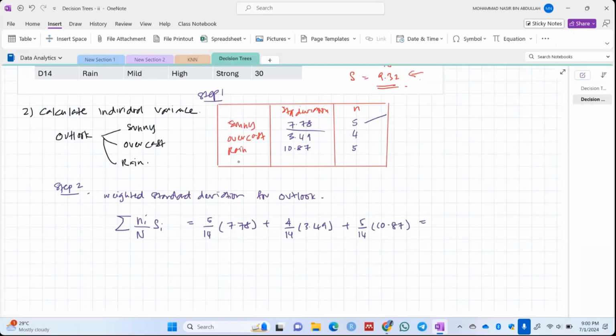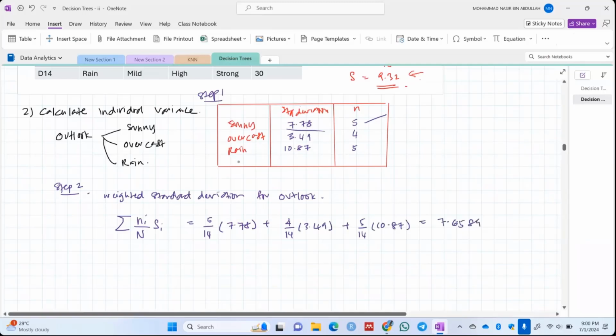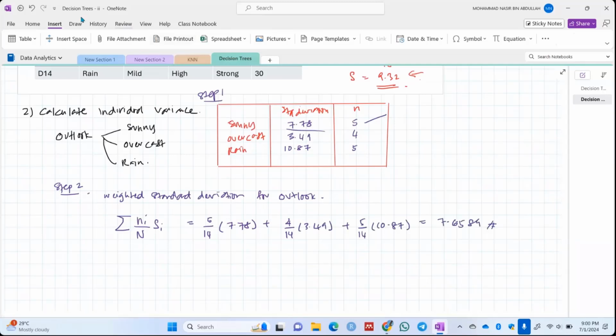So this one should be equal to 7.6589. So I think you need to reconfirm my calculation again later, okay? This is step number 2.